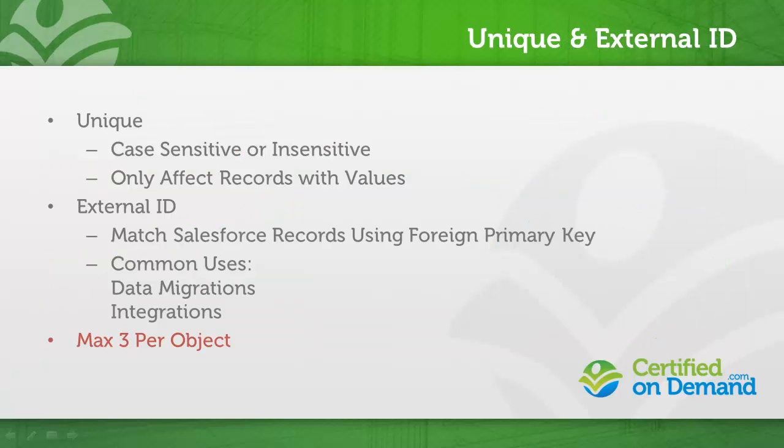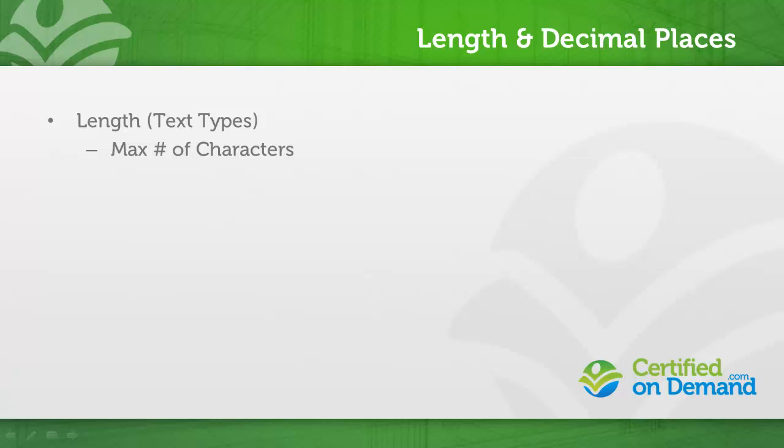You can have a total of 3 unique or external ID fields per object. If a field is both a unique and an external ID, it only counts once against this limit. For text fields, length defines the maximum number of characters that can be stored in a field. If the length is 255, then you can't enter 256 characters in a field. Pretty straightforward.